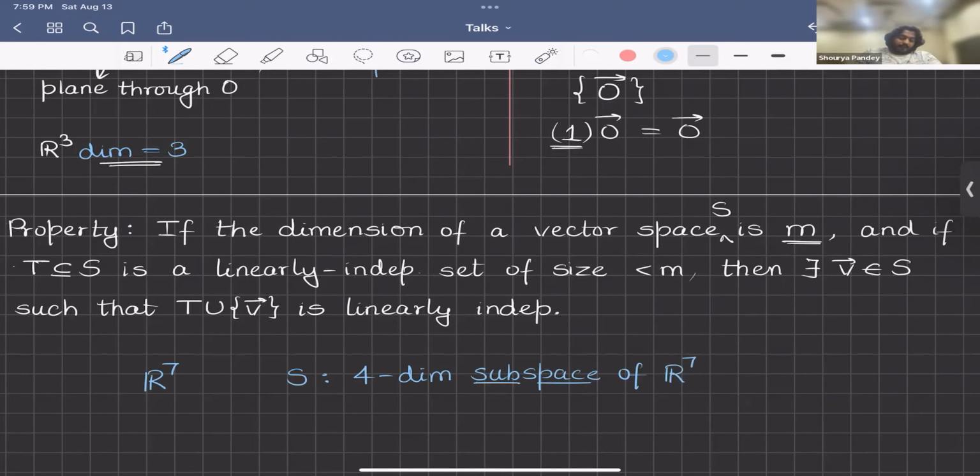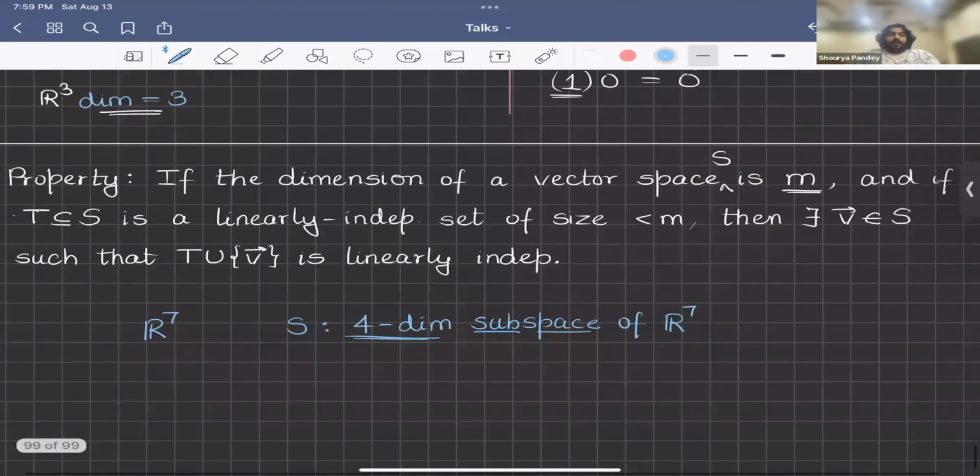Then I know that the size of any linearly independent set in S is at most 4. But it's also true that if I have a linearly independent set of a smaller size, then I can always add a vector and make its size larger.